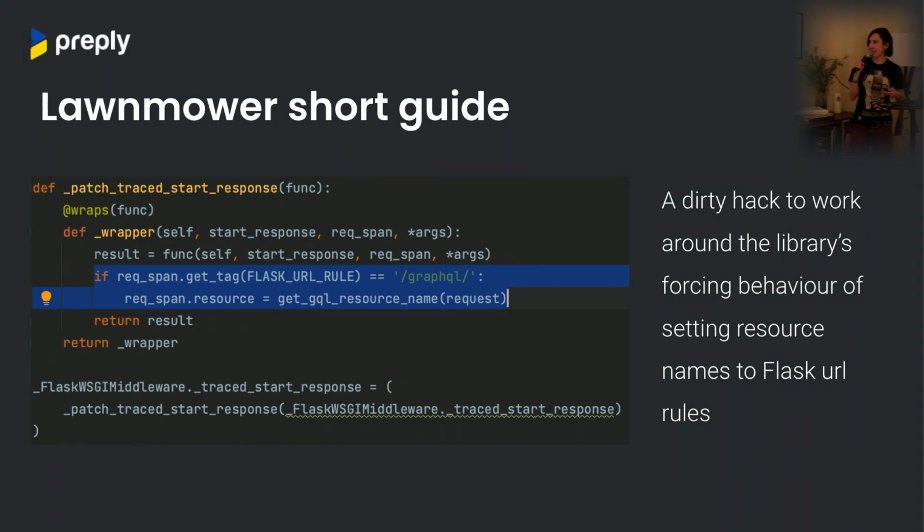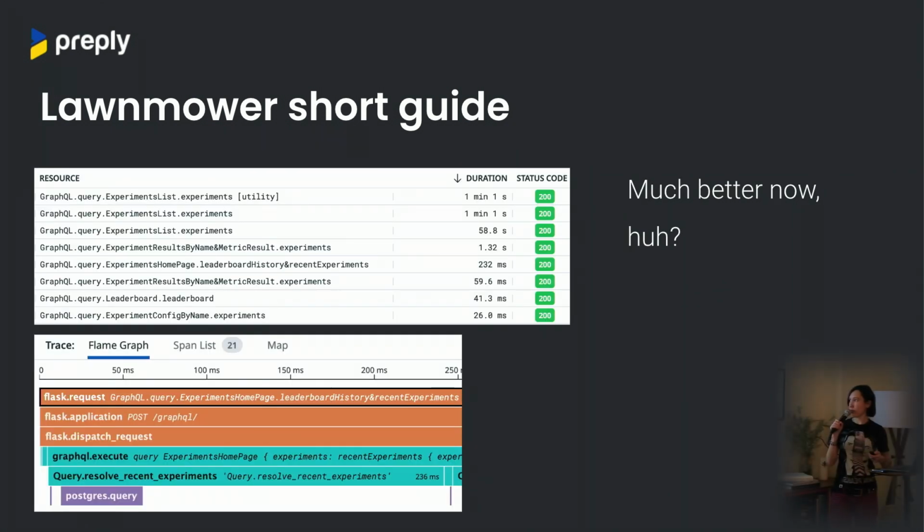The fix is just 2 lines: we check the URL of the span and set the custom resource name which we crafted. Okay. And it fixed our problem. Now you can see that there are different operations, and you can clearly see who is slow, who is not.